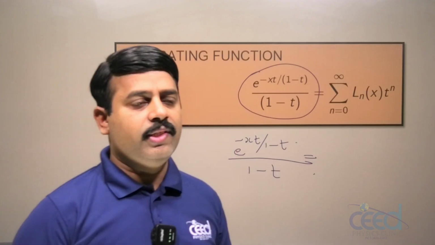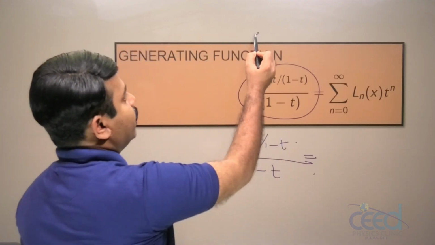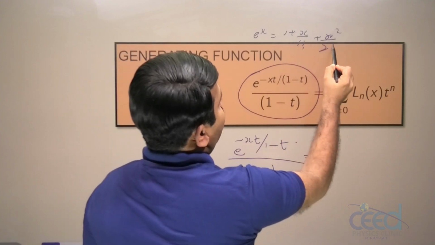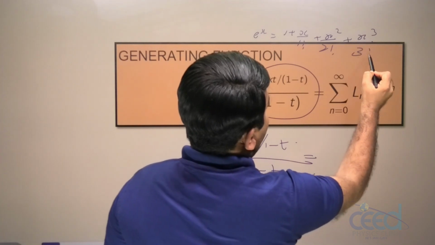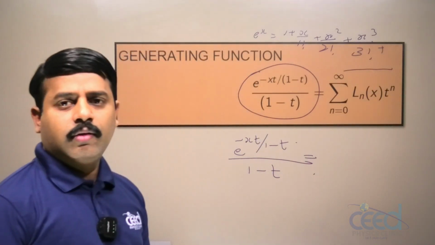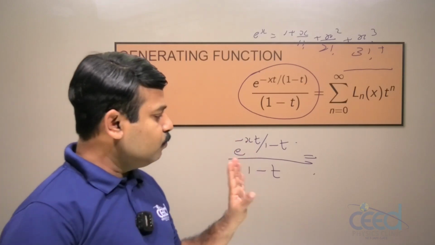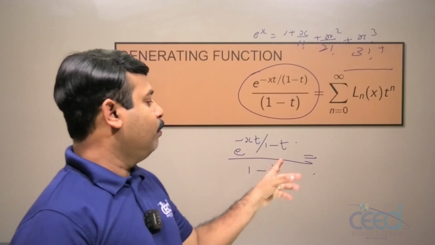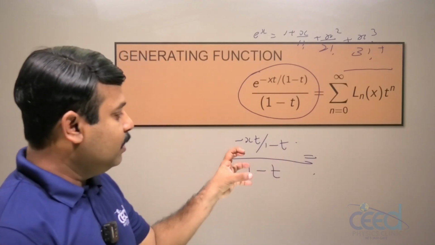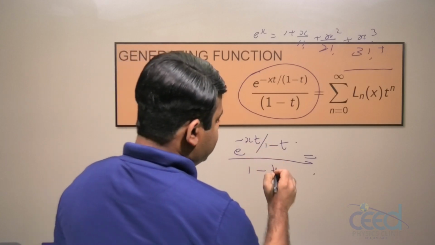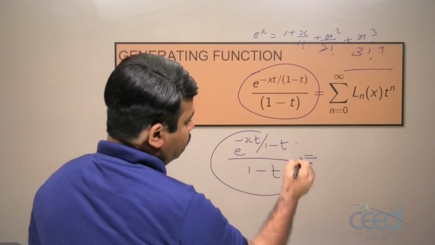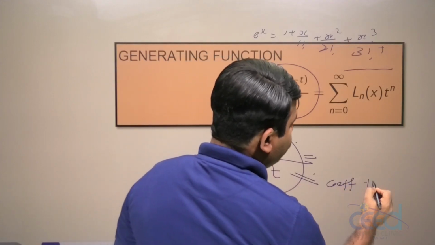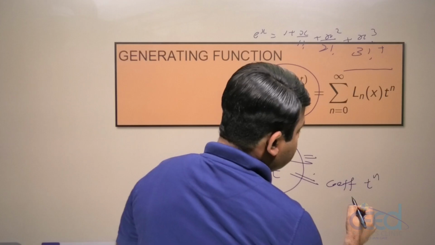You know the exponential series: e raised to x is 1 plus x by 1 factorial plus x square by 2 factorial plus x cube by 3 factorial, and so on. Now, in the expansion of this function, e raised to minus xt by 1 minus t divided by 1 minus t, the coefficient of t raised to n you can take as Ln of x.